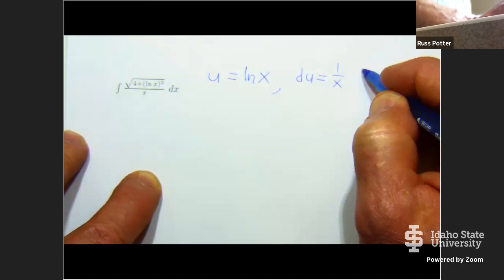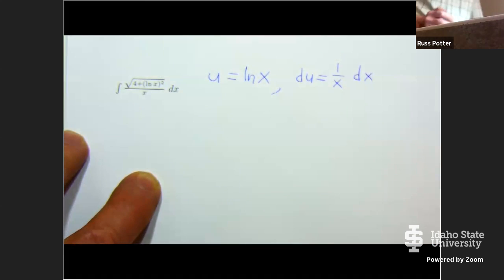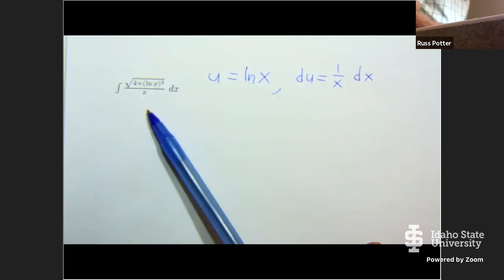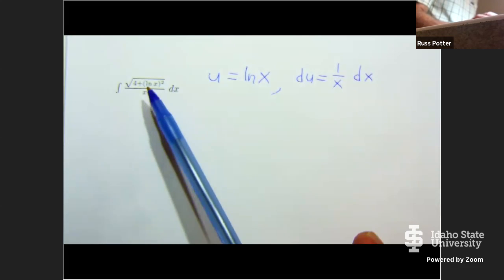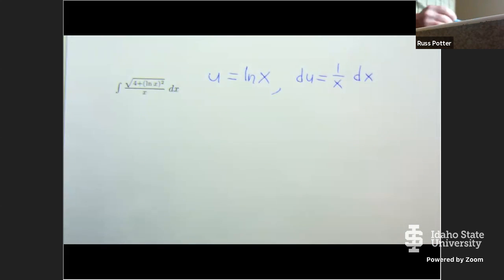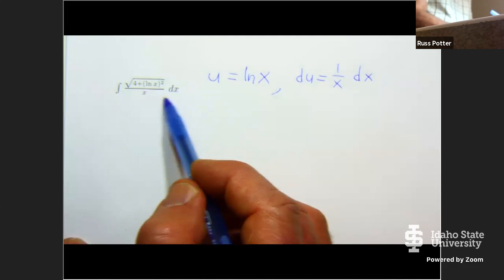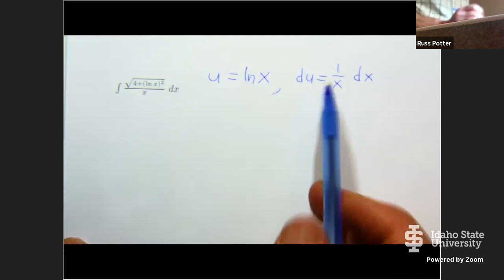So we get du equals 1 over x dx. And we see that we have 1 over x dx. Since we're dividing by x, that's equivalent to multiplying the numerator by 1 over x. So we're going to be able to replace the dx over x with du.